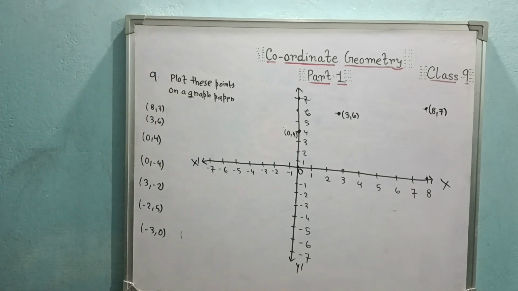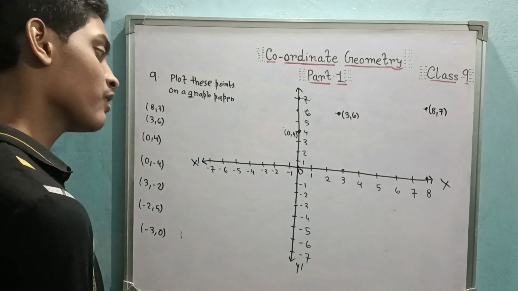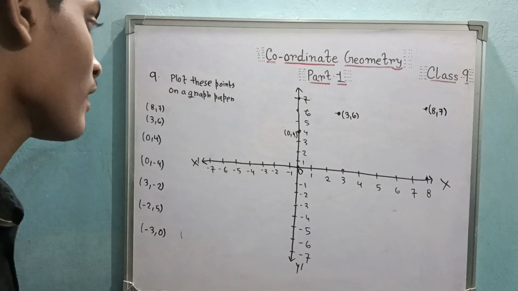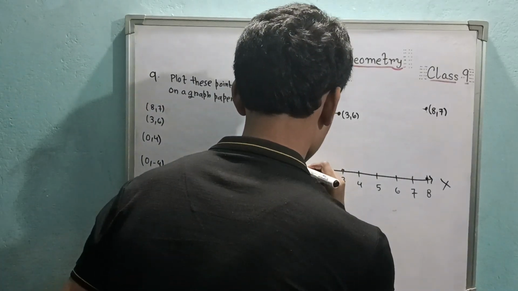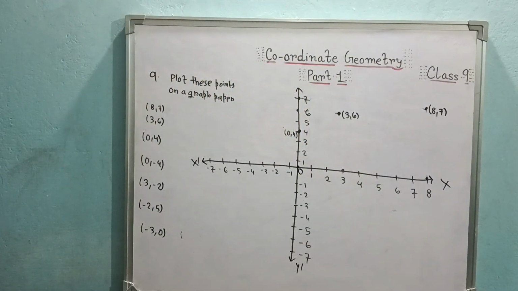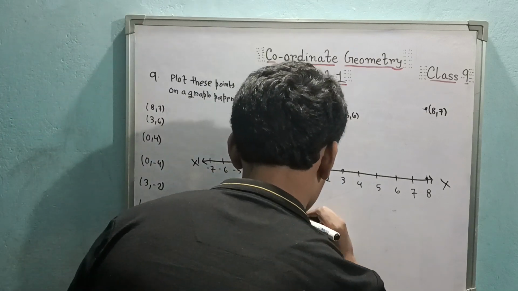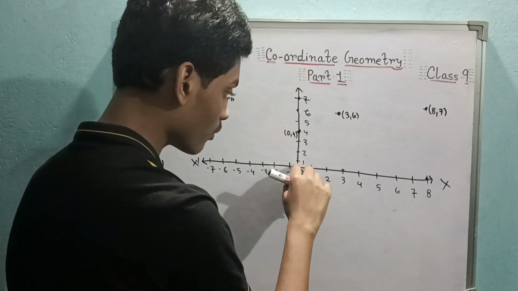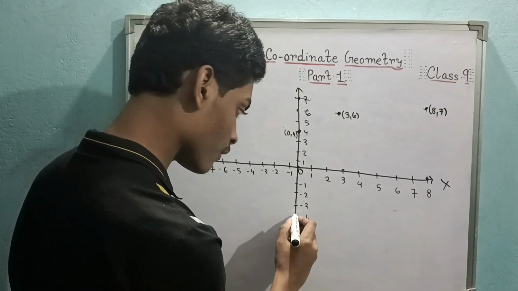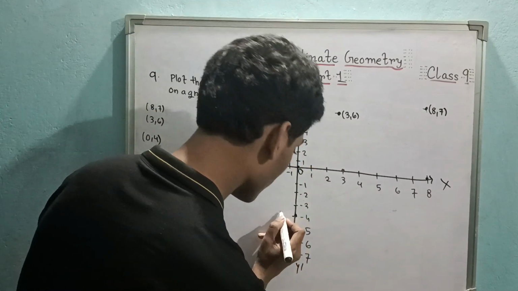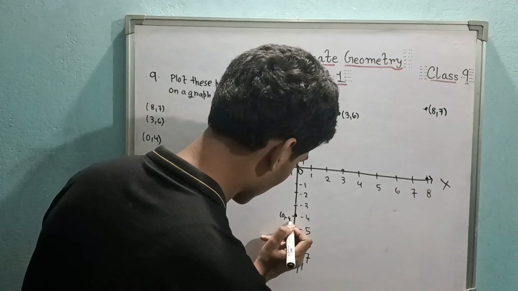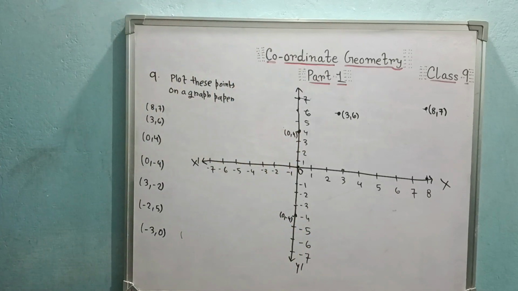Now 0, minus 4. Again, the abscissa is 0, that means 0 units on x-axis. So here, and ordinate minus 4. So that means minus 4 units on y-axis. Now on y-axis, this is the minus side. Check where minus 4 is here. Now the intersection of 0 and minus 4 will be this point. This is 0, minus 4. How easy is that?